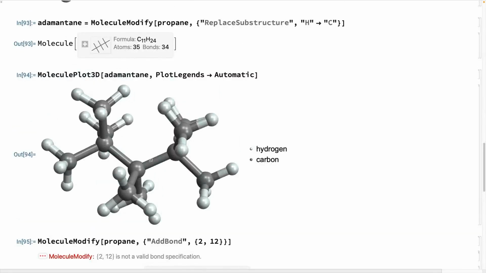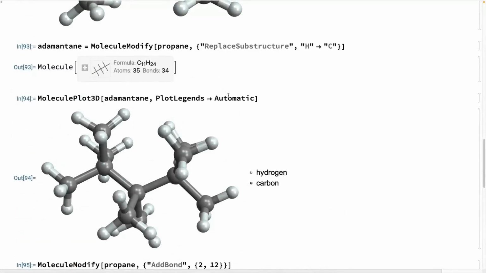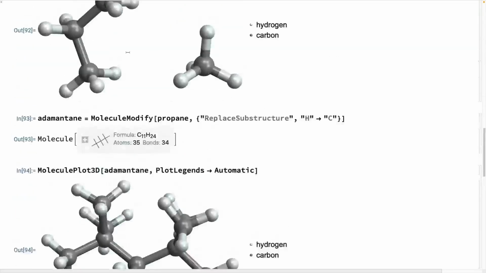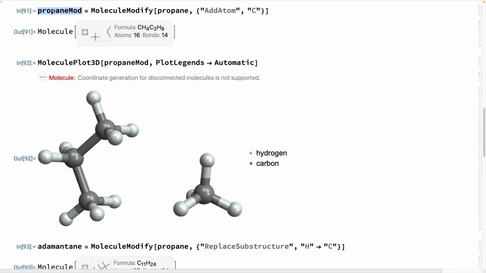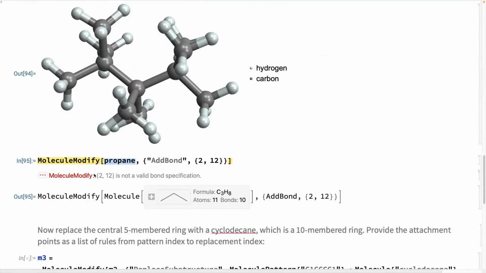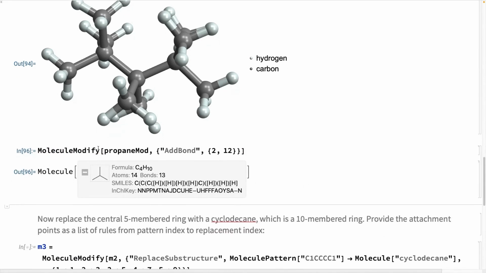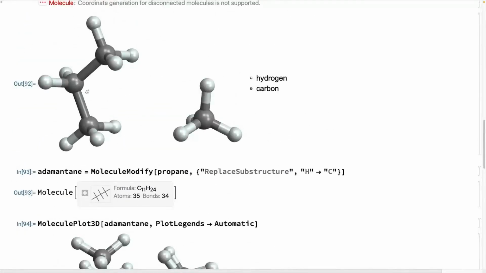When I did this example before, I was modifying this existing one. So let's say I have this modified one, propane mod. You do see, though, it is helpfully telling me that that's not a valid bond specification here because there are only 11 atoms. But if I take my modified one and I add a bond between atoms 2 and 12, now I've combined, this one had 11 atoms and then this one added 5 more.